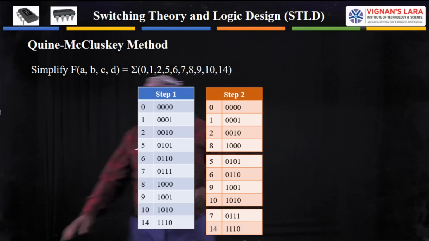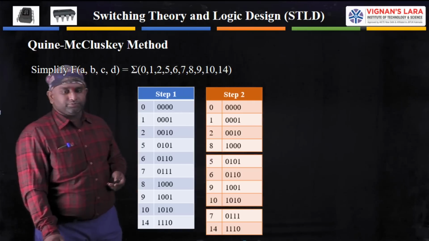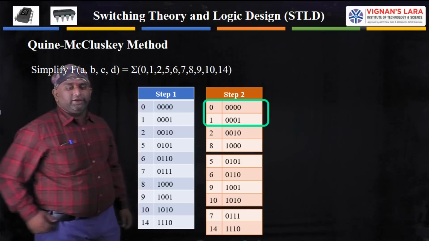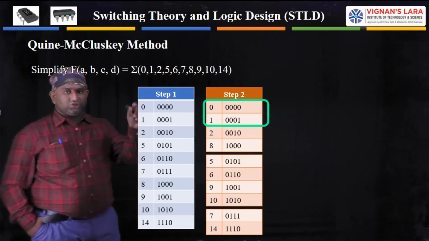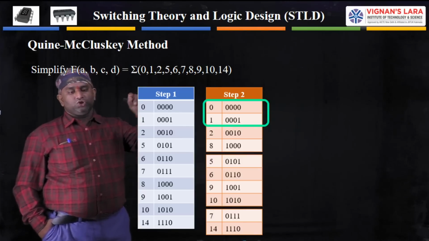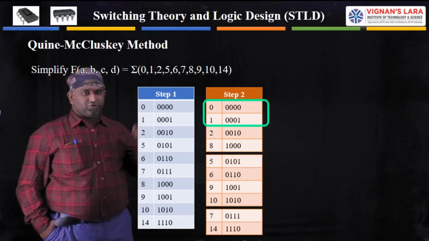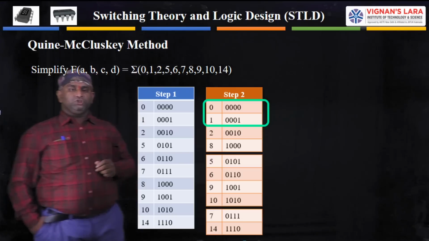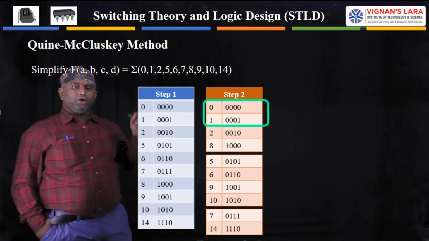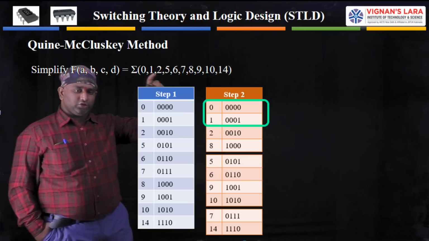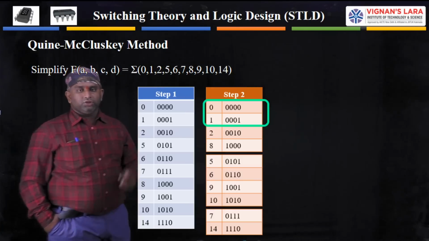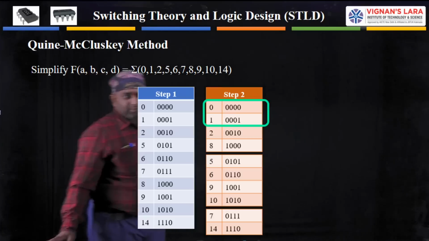See here, I will show how to write it. I have taken the first 0 and 1. 0 is one group and 1 to 8 is a different group. So coming to 0 and 1, I am concentrating on these two only. Now I am writing here.